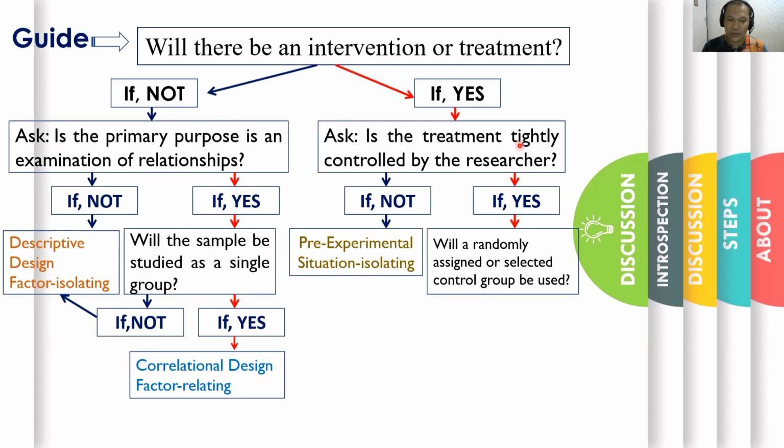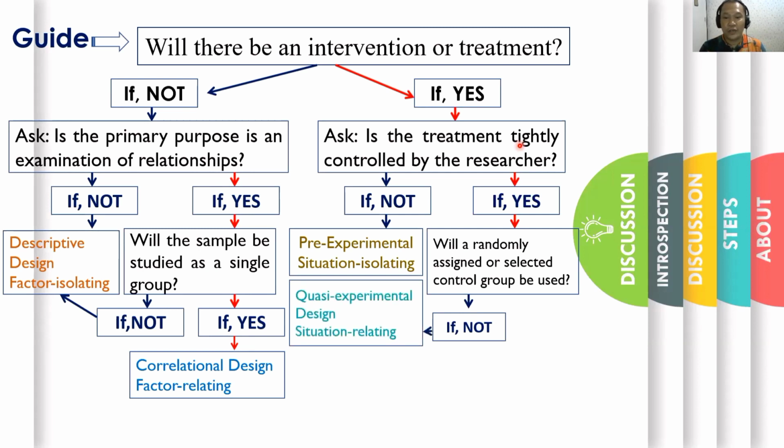Or perhaps we can use the words scientific or non-scientific. Now, if your answer is no, you will not be using randomization, but rather you are going to use non-randomization for the selection of your respondents. Therefore, you are going to use quasi-experimental design, also known as situation relating.